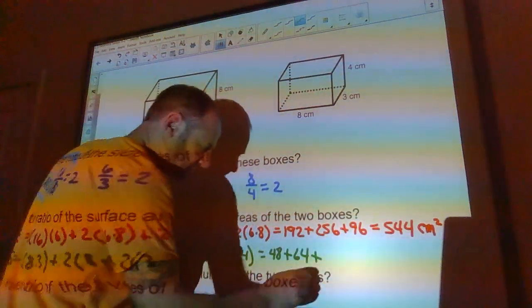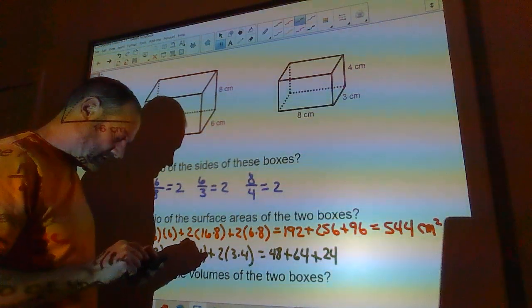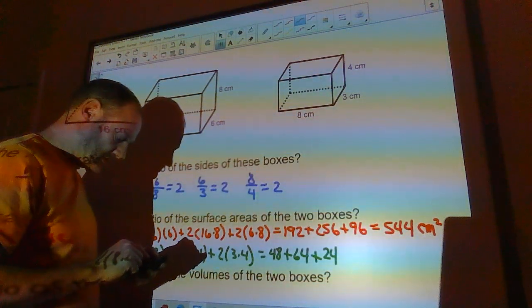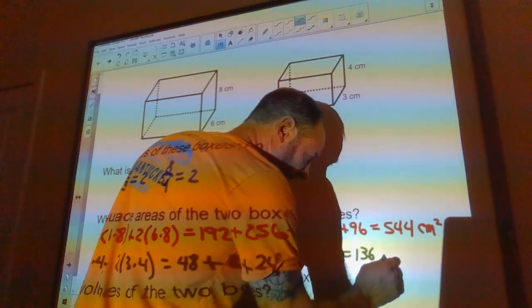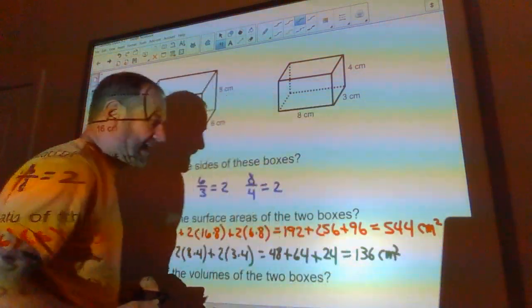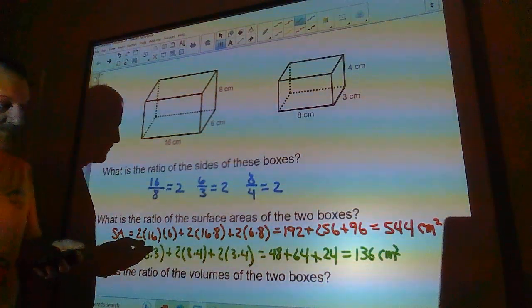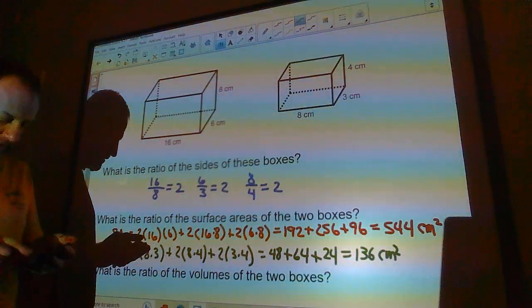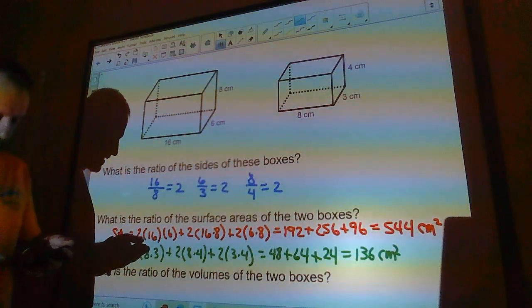And that's 12 times 2 is going to be 24. And we add those up, and we get 136, which is not half of the other one. So what ratio is it? Well, we can take 544 and divide that by 136, and we get 4.